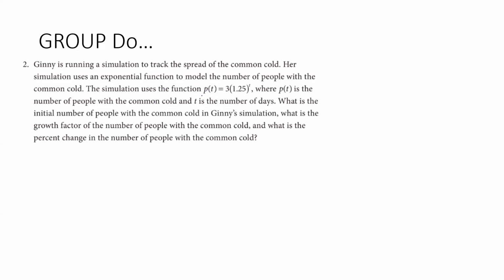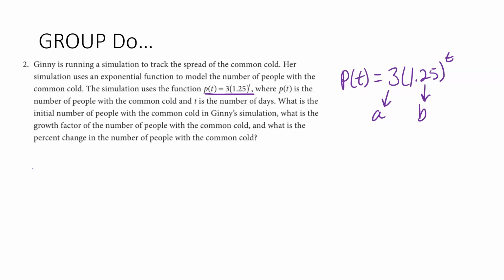So we have P of T equals 3 times 1 and 25/100 to the T, correct? So right off the bat, I know that 3 is in the place of my A, and 1.25 is in the place of my B. Agree? Okay. Each piece has a role, correct?